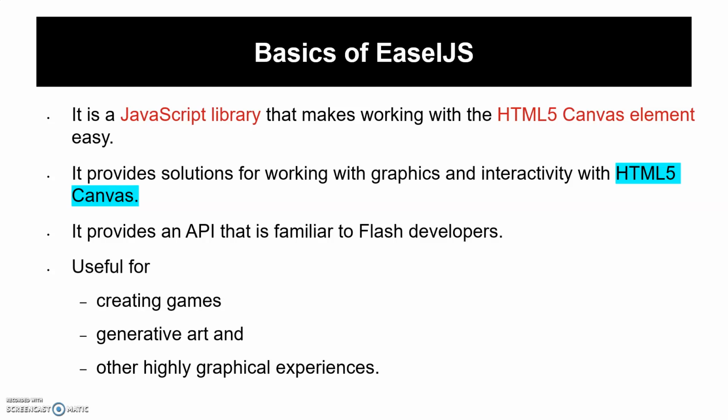Here you can see I have given this JavaScript library, and it supports developers so that they can use the HTML canvas element easily for game development. It provides features like a display list to allow developers to manipulate and animate graphics. It provides a robust interactive model for mouse and touch interactions.